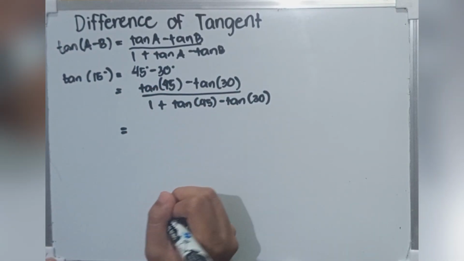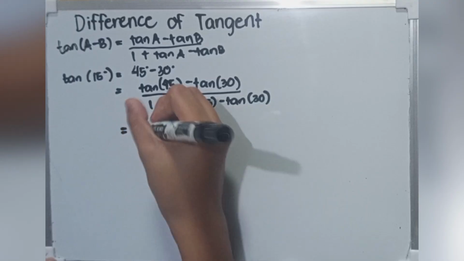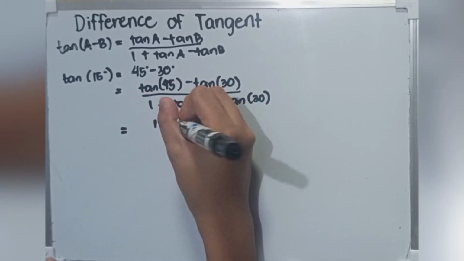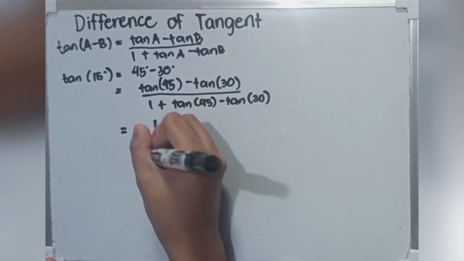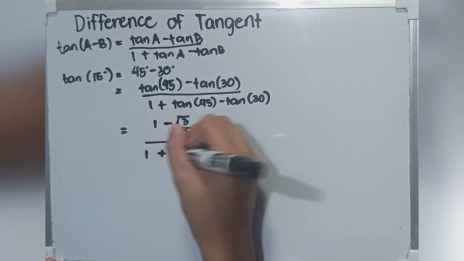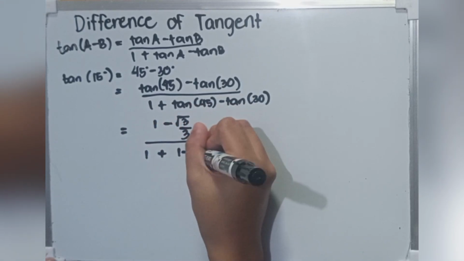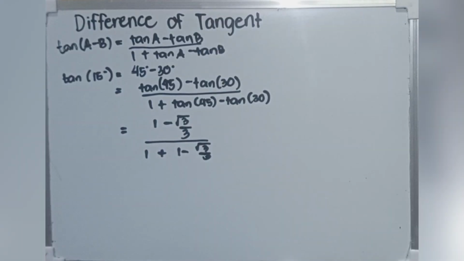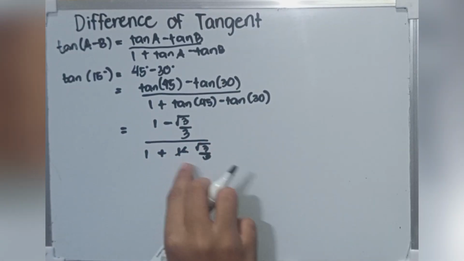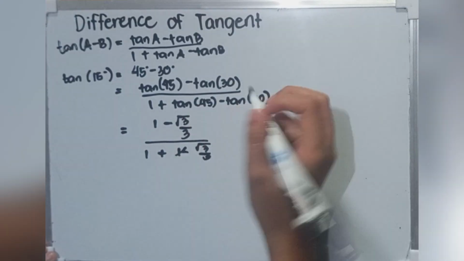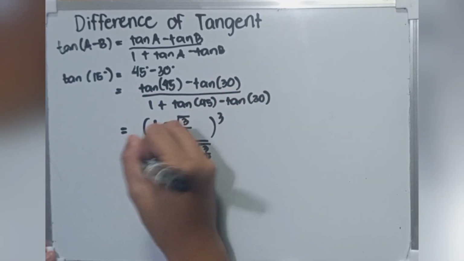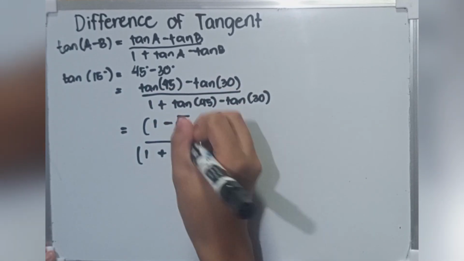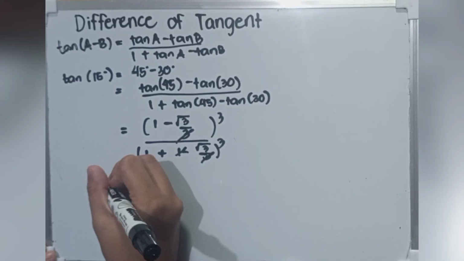Then the value of tan 45 at this special triangle was 1, and then minus tan 30 is square root of 3 over 3, and then 1 plus, let's copy the numerator, and then let's multiply by 3 because 3 was the denominator, to avoid the complex fraction.